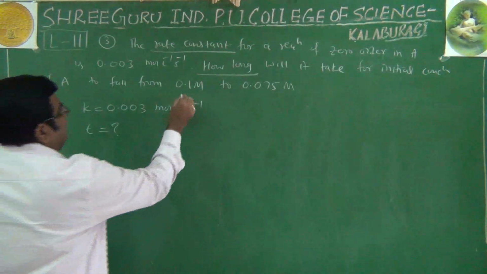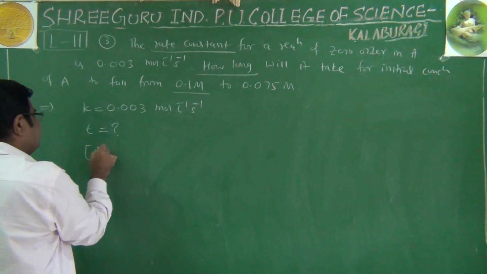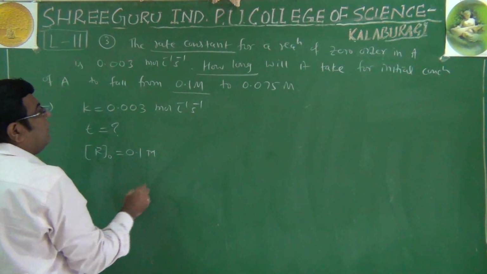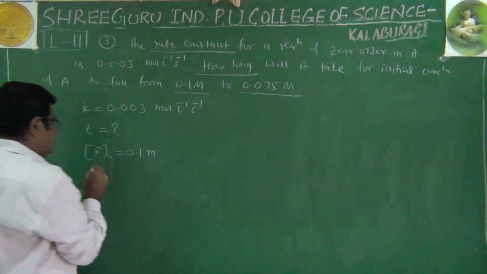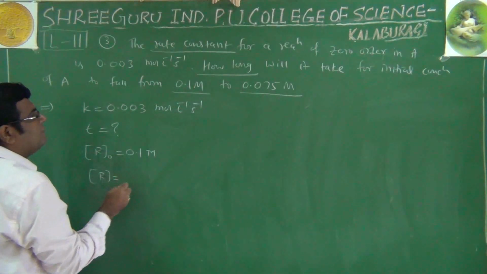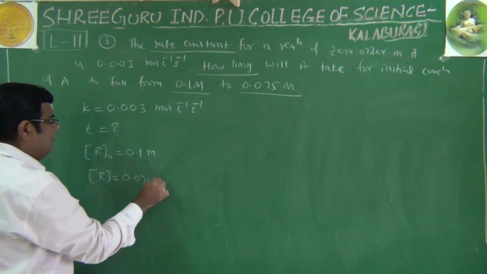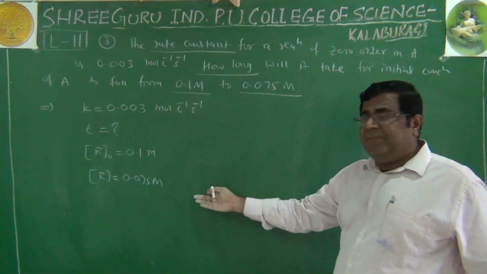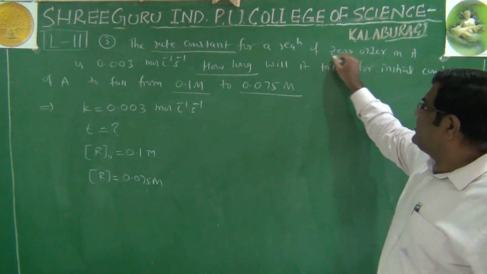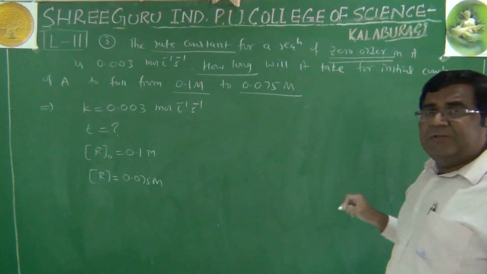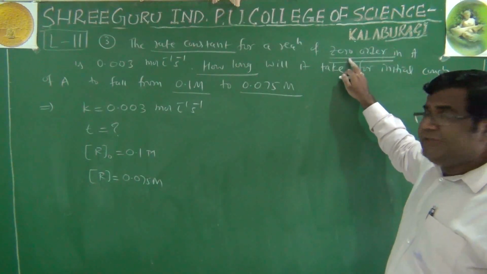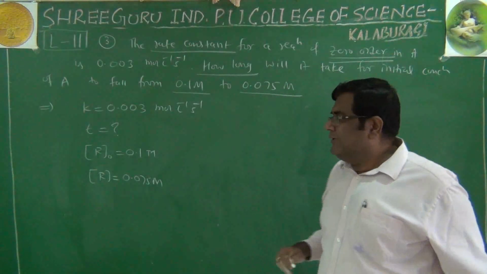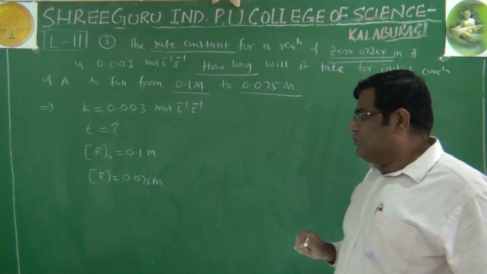The initial concentration is 0.1 mole per liter, so R0 equals 0.1 mole per liter, and this is the final concentration after time t, so R equals 0.075 mole per liter. Now we know the relation between them in a zero order reaction. This is the most important thing. If they do not mention zero order reaction, look at the unit of rate constant and you can make out that it is a zero order reaction. That trick you should also know.